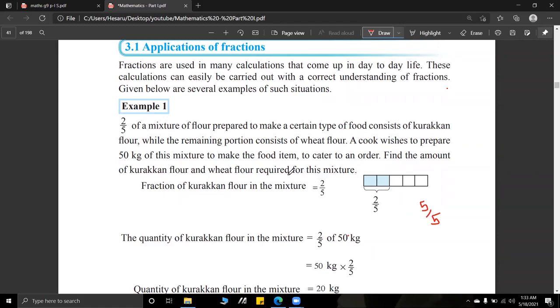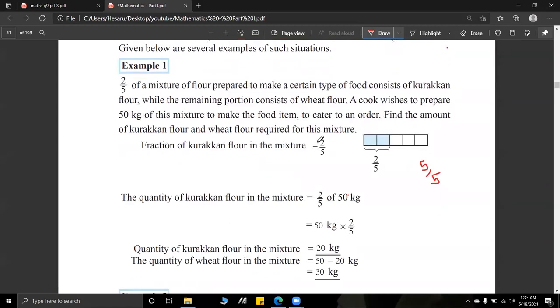They are asking how much flour is required separately. So the fraction of kurakan flour in the mixture is 2/5. That's the data given. The quantity of kurakan flour in the mixture is 2/5 of 50 kilograms.